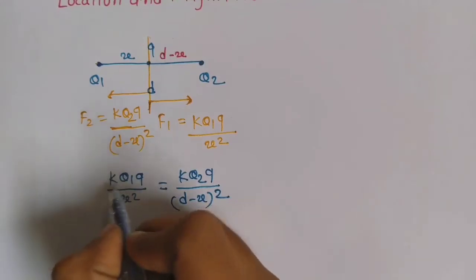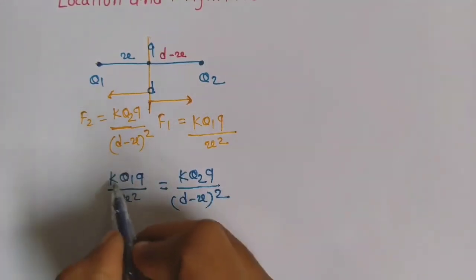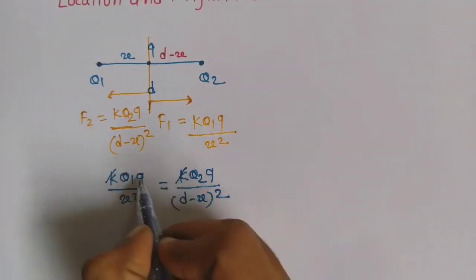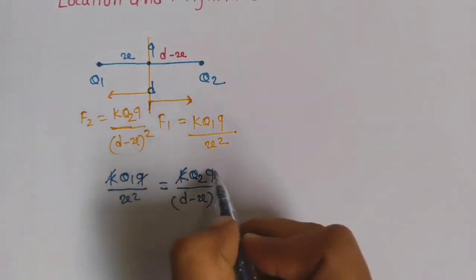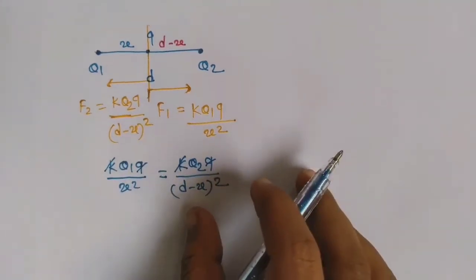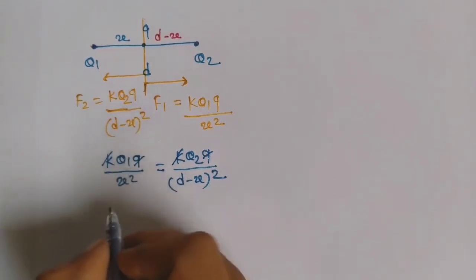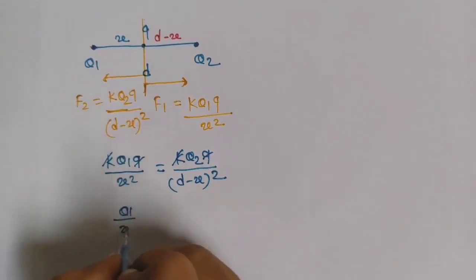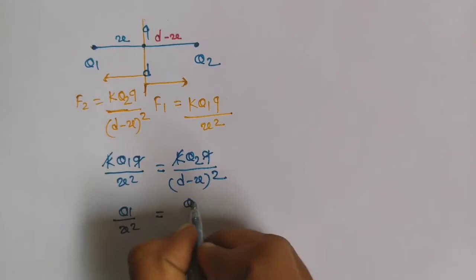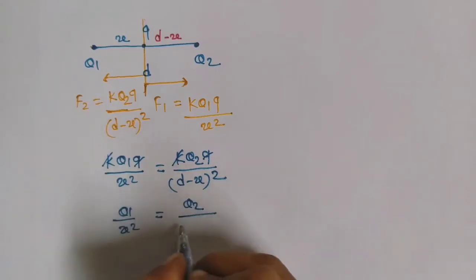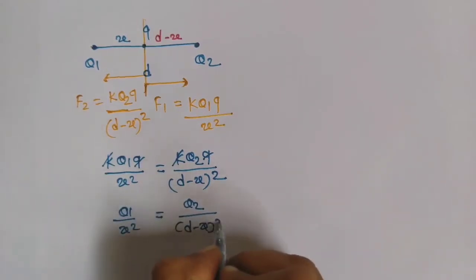Here K is common, so it cancels. Also Q is common, so it cancels. What remains is Q1 upon x square is equal to Q2 upon D minus x square.